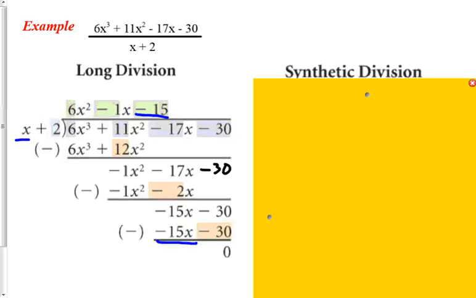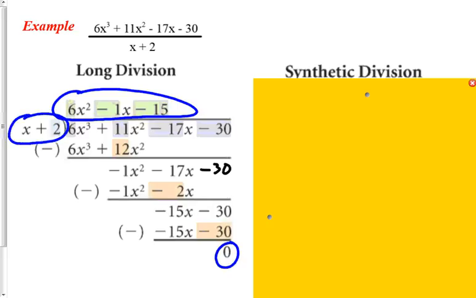Then negative 15 times positive 2 gives me negative 30. And now I just need to subtract away this entire quantity, and that leaves me with 0. So I have a remainder of 0. That means both 6x squared minus 1x minus 15 and x plus 2 are in fact factors of 6x cubed plus 11x squared minus 17x minus 30.